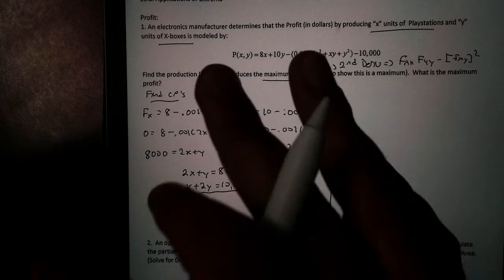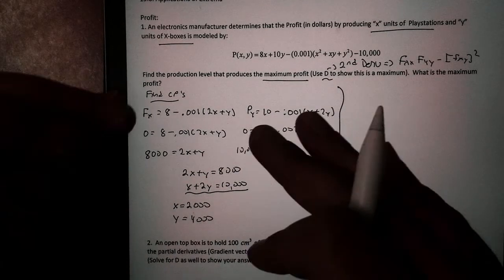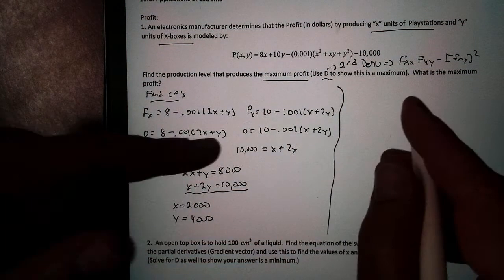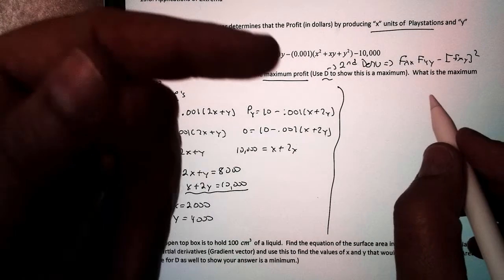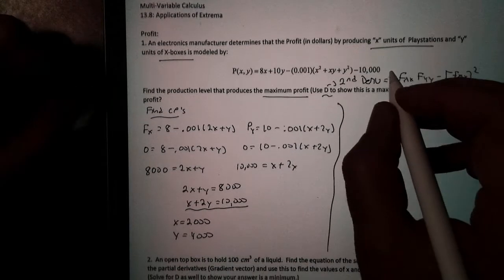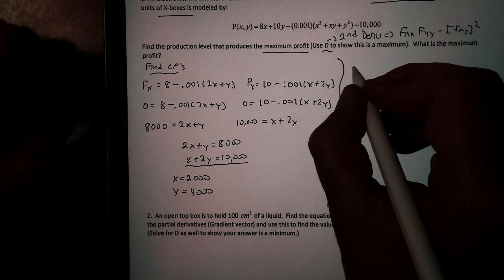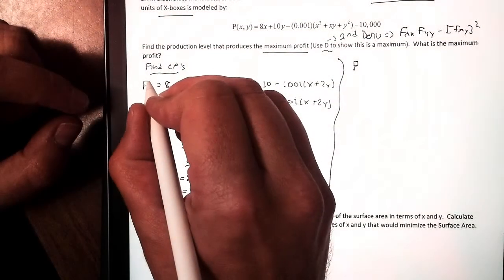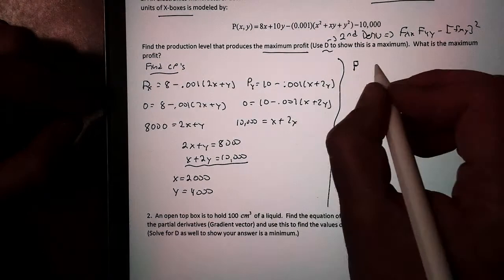Now we have to determine if this is a maximum or a minimum value. They tell us to use D, so of course we would need the second partials of our function. Whoops, I should be using P. There we go.